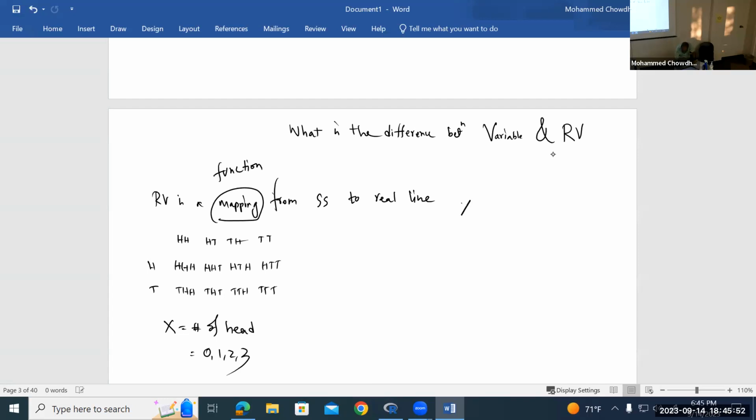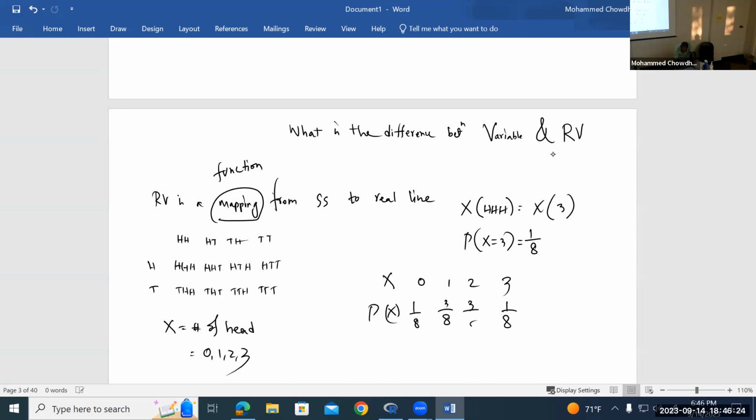Now take a look at that. I put here head, head, head. So X equals 3, right? 3 heads. Now the probability of X equal to 3 equals 1 over 8, right? So now if you put here X equal to 0 heads, 1 head, 2 heads, 3 heads, the probabilities are 1 over 8, 3 over 8, 3 over 8, and 1 over 8, right?